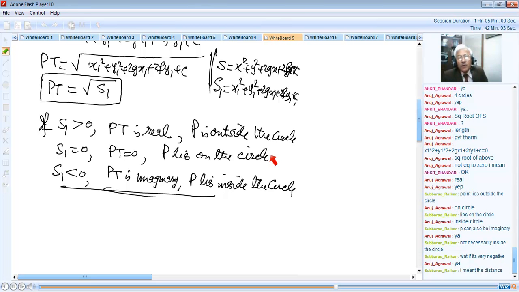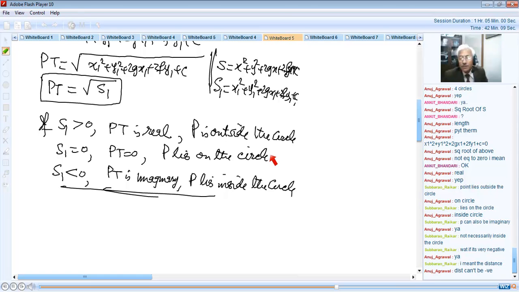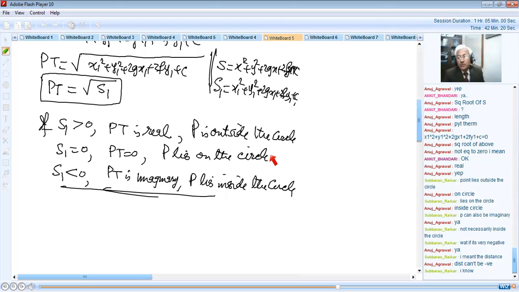Distance is what we are taking here. A point is never imaginary, I must tell you here. Why did we take distance to be negative? We never take distance to be negative. We take distance always, the square root is always positive.